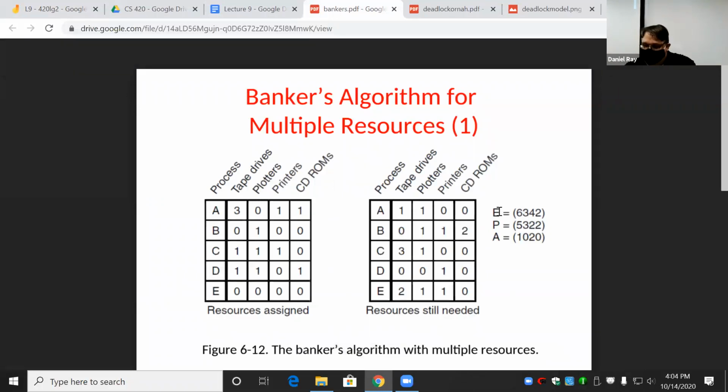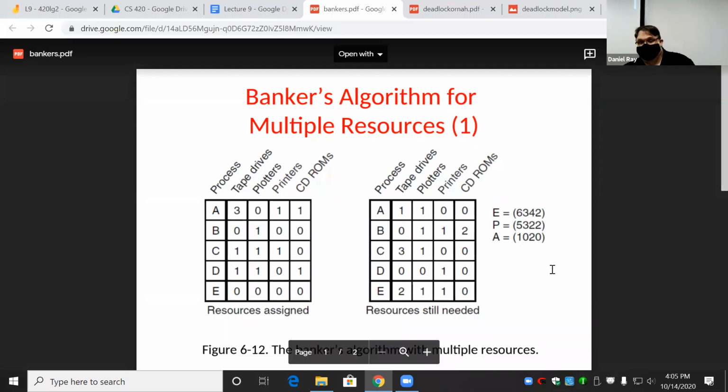This is the existence vector. So E is the total number of resources: the total number of tape drives in the system, the total number of plotters, the total number of printers, the total number of CD-ROMs. This is the possessed vector.